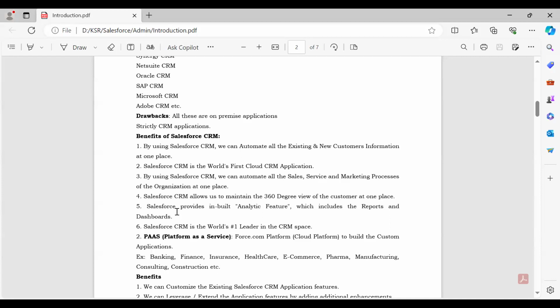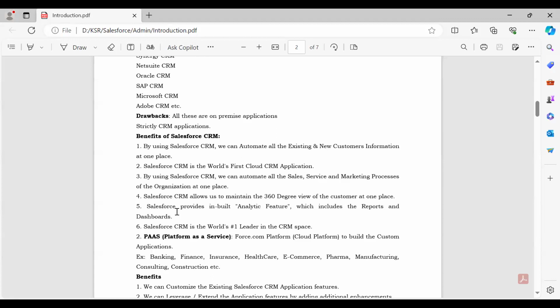For that, how can we get the data? Salesforce is providing a feature called analytics feature. That means we can generate the reports. Every day, night at 10 p.m., I want to get the data, so for that, I can generate a report.